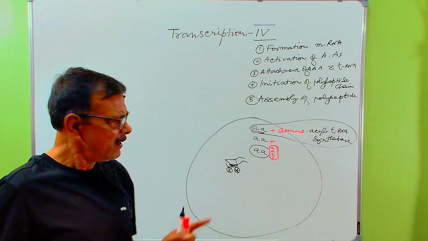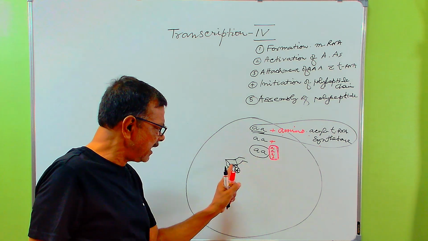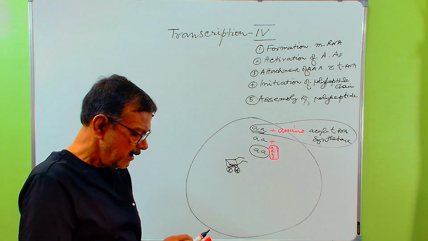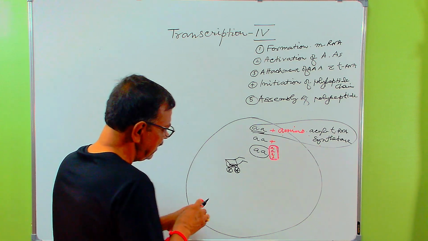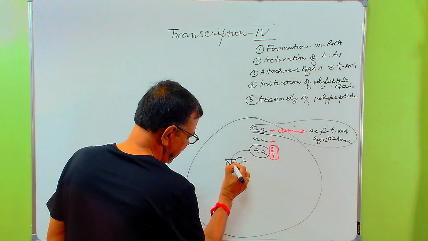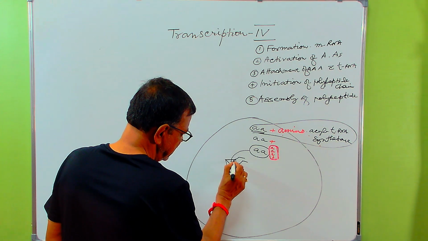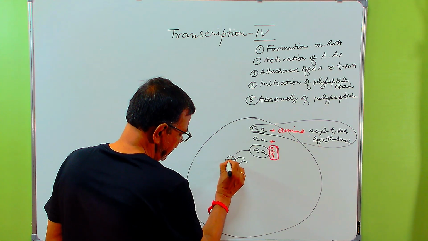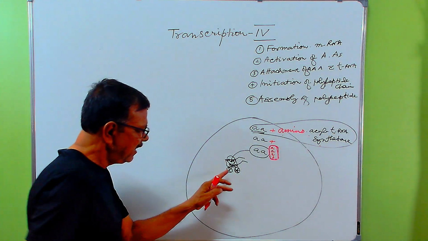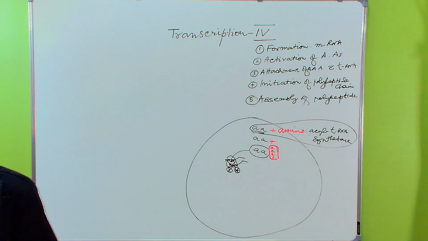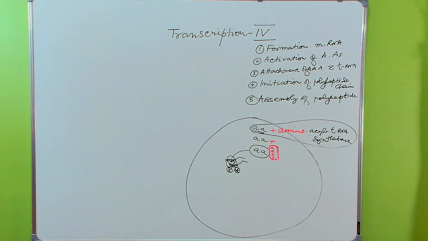So as per the capacity, they will take. Now this amino acid will come here, attachment. Now this will be called amino acid AMP.